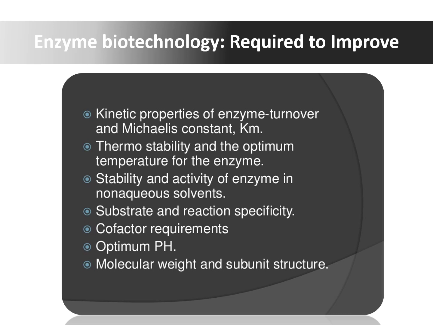Specificity. If your enzyme cannot be specific to the substrate that it's meant for, it needs to be improved. Cofactor requirements. You need as few cofactors as possible. So we improve our enzymes to be able to function, possibly without cofactors, so we don't need a whole lot of things in order to get our enzymes to be active.